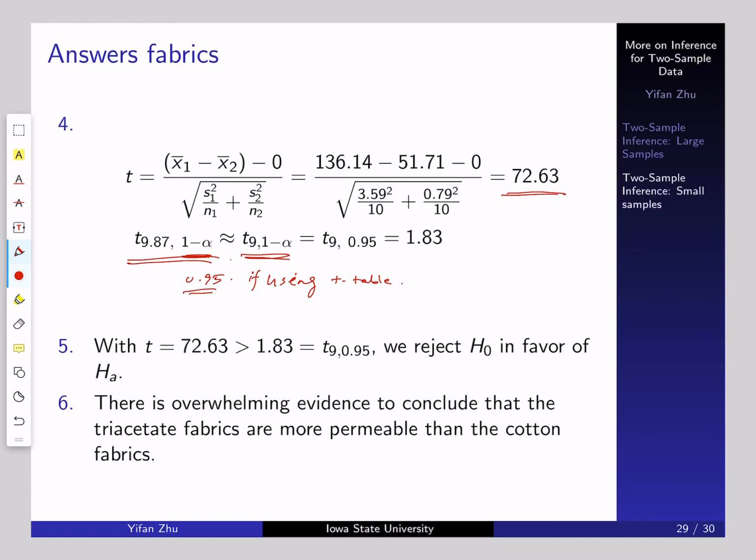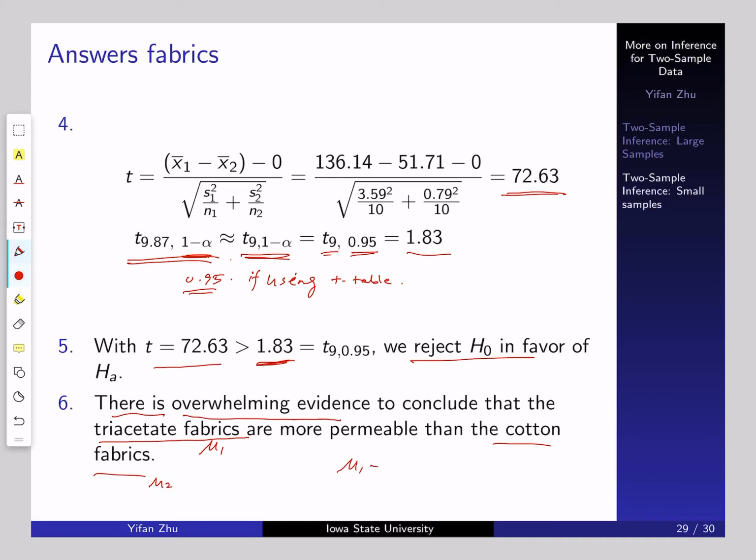The 0.95 quantile of t9 is 1.83, and we can see that the test statistic is bigger than the critical value, and we can reject H0 in this case. In layman's terms, the interpretation is that there is overwhelming evidence, or significant evidence, or enough evidence to conclude that the triacetate fabrics, so this is mu1, are more permeable than the cotton fabrics.